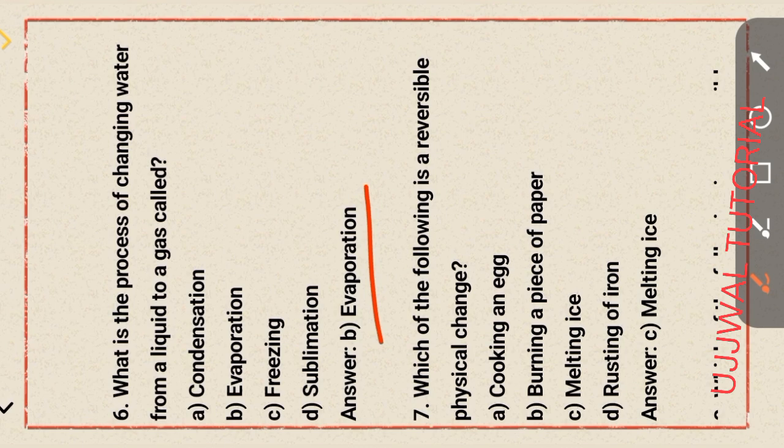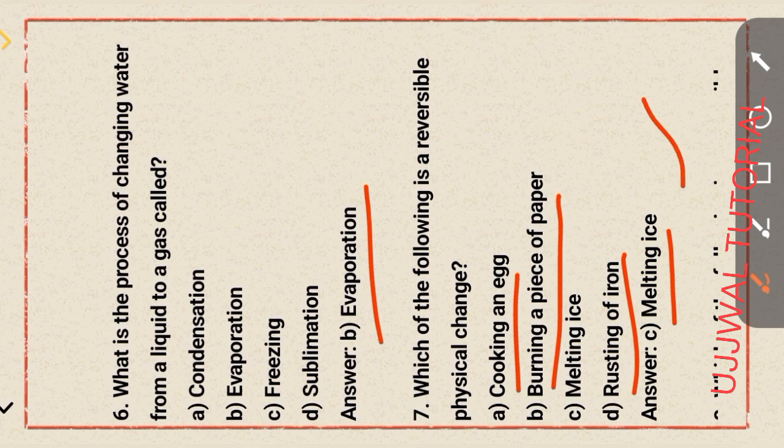Melting of ice, it is a reversible physical change. But cooking of egg is chemical and irreversible. Burning of paper is chemical and irreversible. Rusting of iron is a chemical, irreversible change. So option C is the right answer.